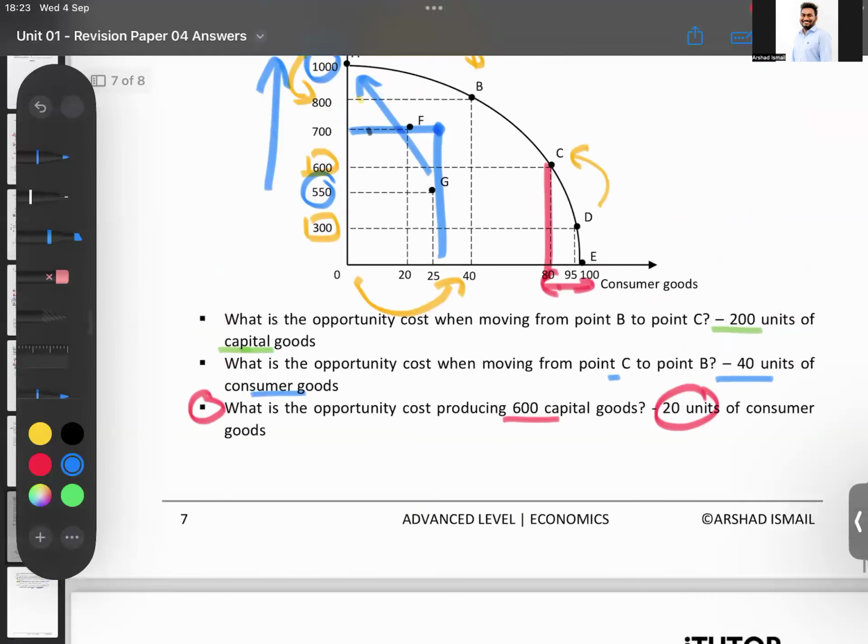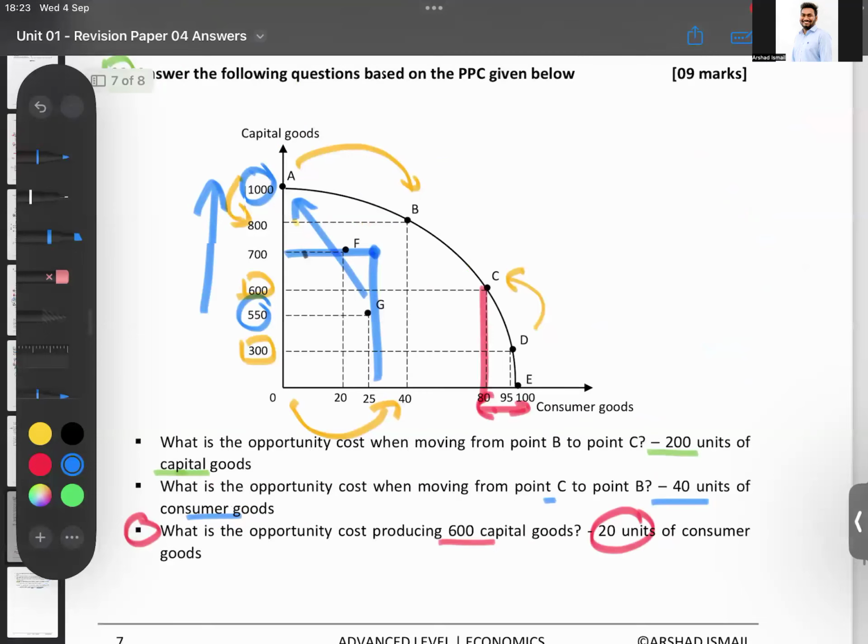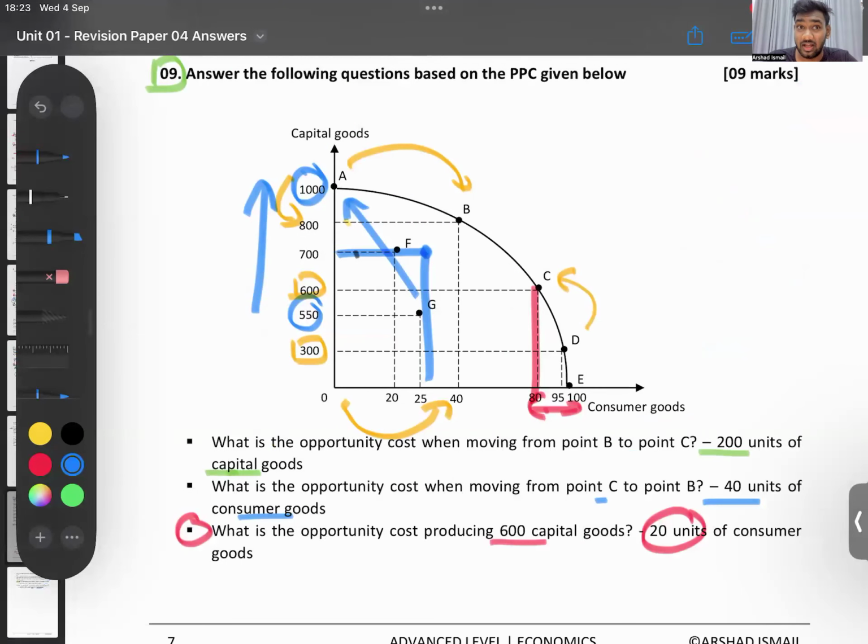I'll share these answers and I'll share the slides as well. Something wrong with my camera. You can go through them. Next week, we will be doing unit number 2. In the first class, you will not have a paper to submit. The demand area is a big one. I also have to teach you the substitution effect and income effect story, which I did not cover in theory.